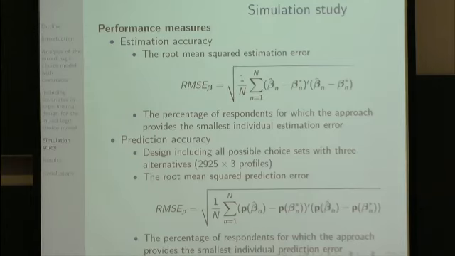So this design, including all those possible choice sets with 3 alternatives, has in total 2,925 times 3 profiles. And for all those product profiles, we calculated the choice probability with either the true parameters for the individual and then with the estimates. And then in an equivalent way, we constructed this root mean squared prediction error.